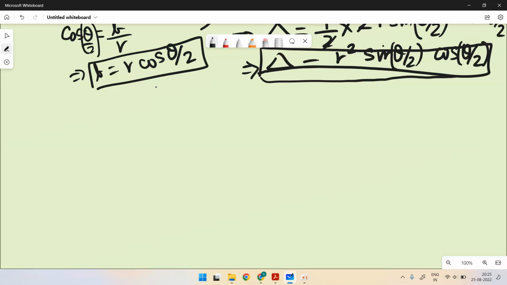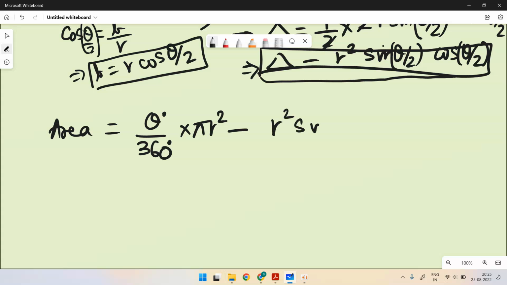Now you need to find the area of the shaded region. The area of the shaded region will be the area of the sector, that is theta by 360 into pi r square, minus the area of the triangle. The area of the triangle is r square sine theta by 2 cos theta by 2.